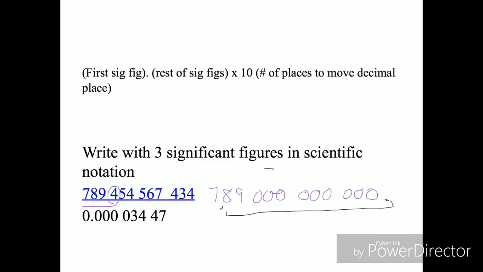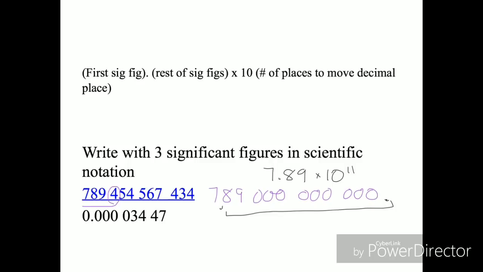So our coefficient will be 7.89. The number of places that we must move our decimal place will be the exponent on the 10. That will be 11. 7.89 times 10 to the 11th power.